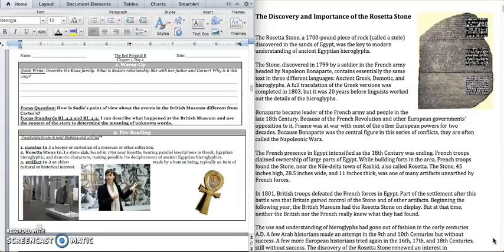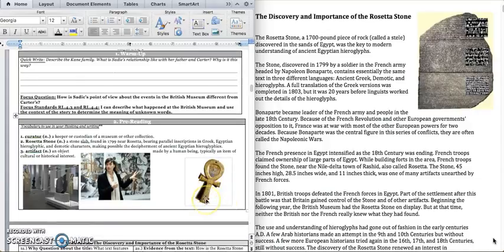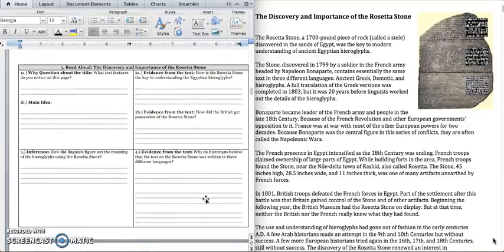And the last one is artifact. That's an object of cultural or historical interest. And so this is the symbol of Isis or Aset, and it has significance to people in ancient Egypt.